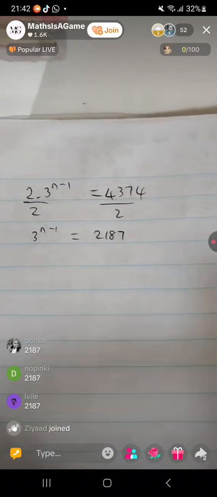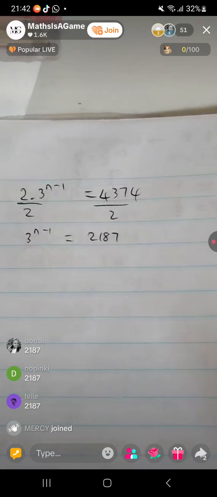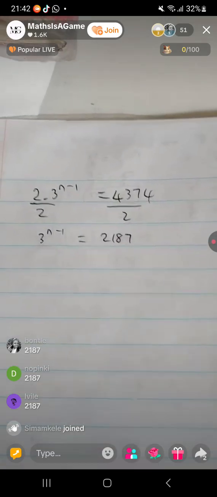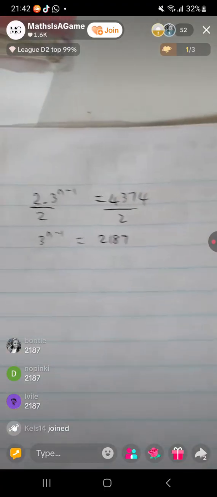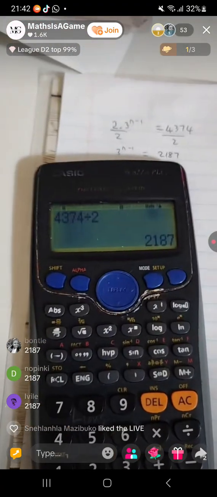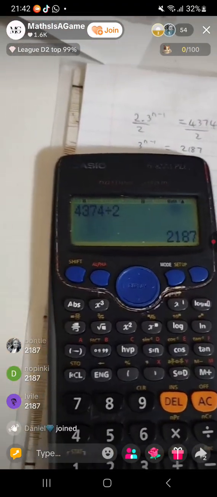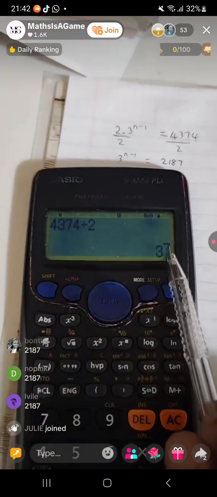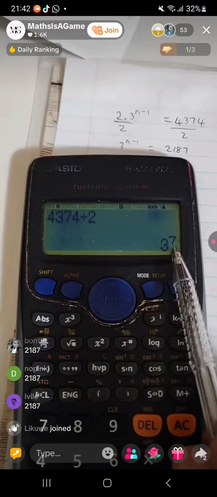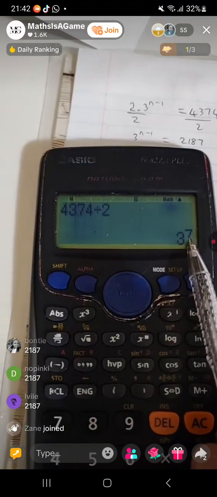Or if we don't want to go that route, we also have been exposed to solving an equation in an alternative way. But let us explore what 2,187 actually gives us. Wow, we get 3 to the power 7.